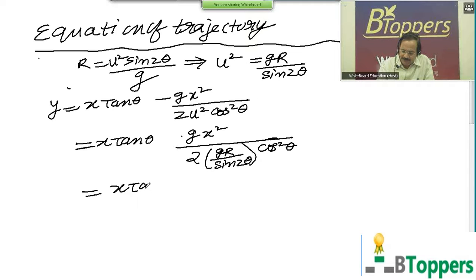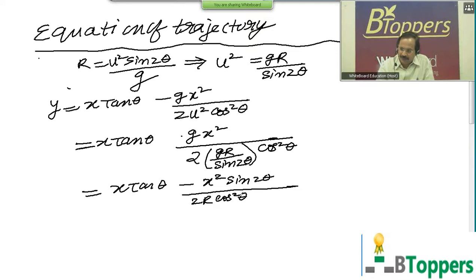So you get x tan theta minus x square into sin 2 theta by 2R into cos square theta.